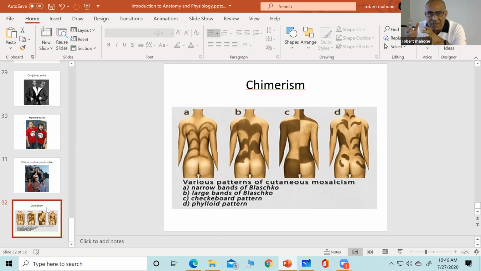That is the melanocytes in their body not producing the same throughout their entire body, and the skin ends up in darker and lighter patches throughout the body. But that's not this right here.